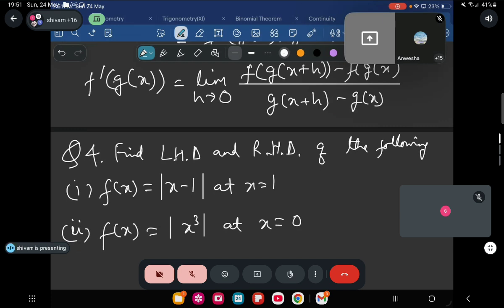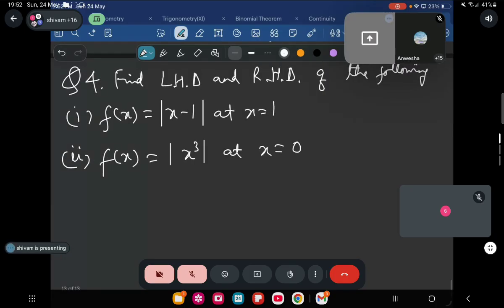First one is correct. Second one, okay, I'm solving this one. Everyone pay attention. Done. First one is correct. Both are same. Correct, correct.